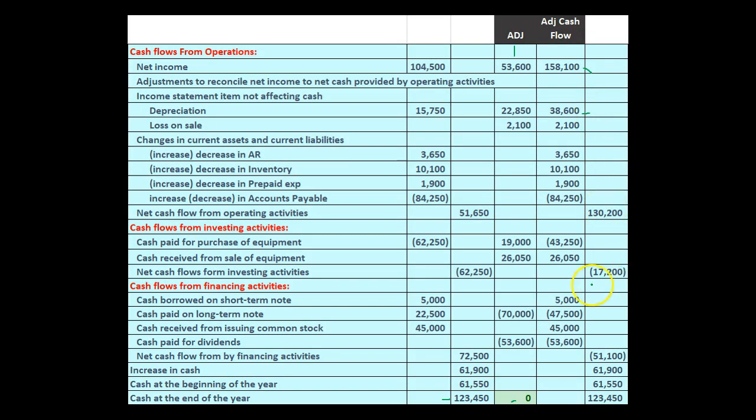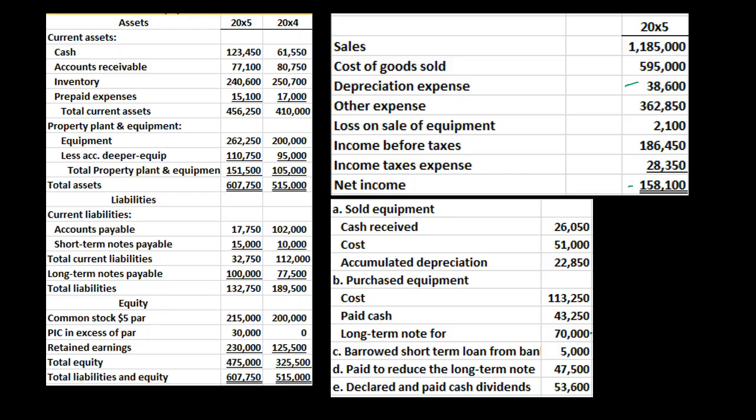And of course, when we go to the loans, we want to be able to say, does that tie out to actual loan documents that we got when we look at the GL? It's the amount we borrowed in a short-term loan. In this case, cash paid on long-term notes. Does that add up to the cash we paid when we financed the equipment, or the cash we actually paid on the notes? And then cash received from issuing stock, 45, and the dividends.